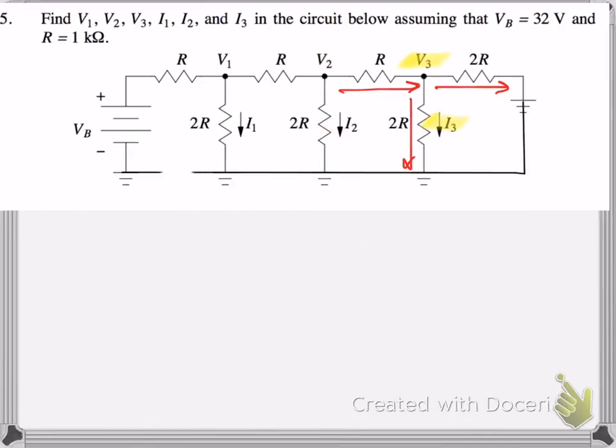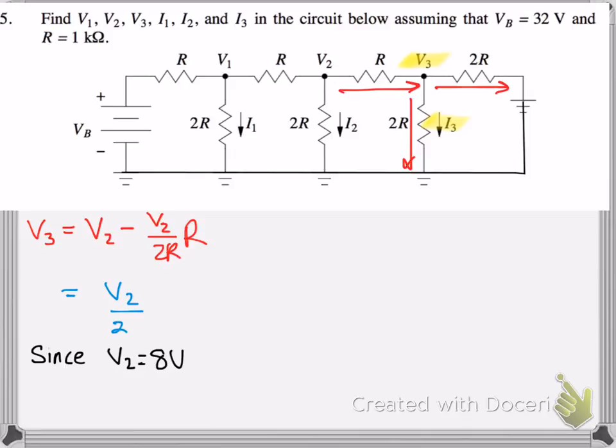Cool. And the last section of the circuit here for V3 and I3. So V3 would simply be V2 minus V2 over 2R, and then times R. So the V2 over 2R is the current, and R is the resistor it's going through. And then we know it would be simplified to V2 over 2.